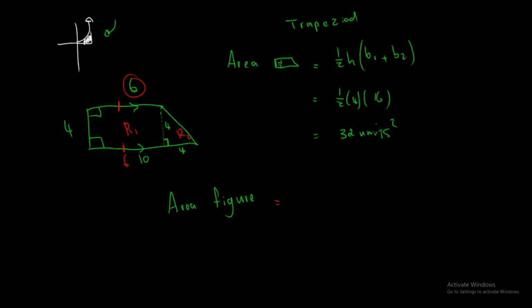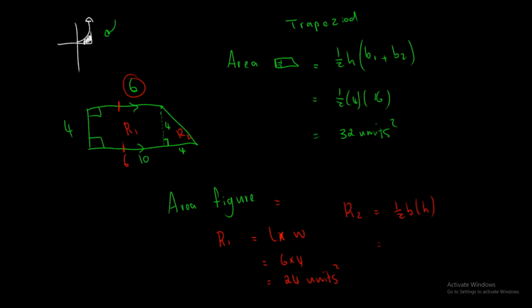So let's calculate the area of the figure. Let's find region 1. Region 1 is the length times the width. This gives me 6 times 4, which is equal to 24 units squared. What about region 2? Well, region 2 is equal to half of the base, this is for a triangle, multiply the height.